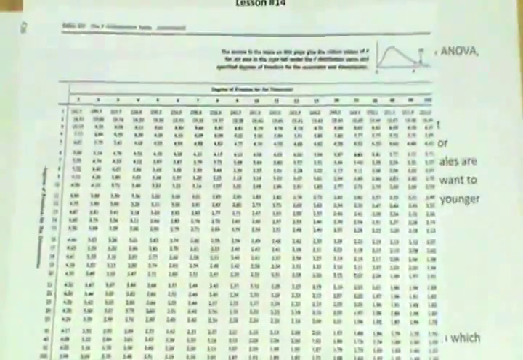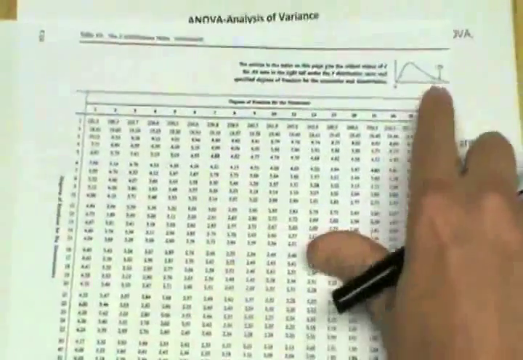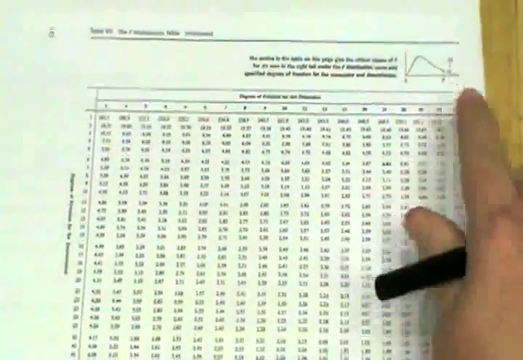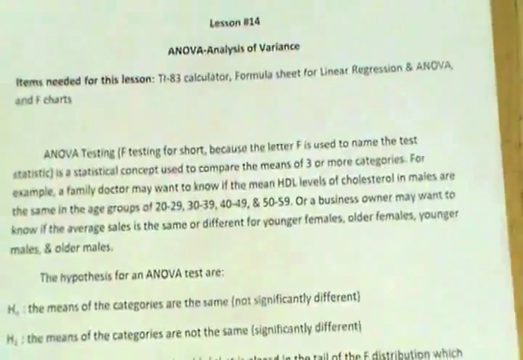My charts look a little different than the ones that you're going to download, but they're all identical. This one is the 0.05 or 5%. And finally on the bottom is the 0.10 or 10%. So depending on what alpha they have in the problem, that's the chart that you're going to reference: 1, 2.5, 5, or 10% significance level.